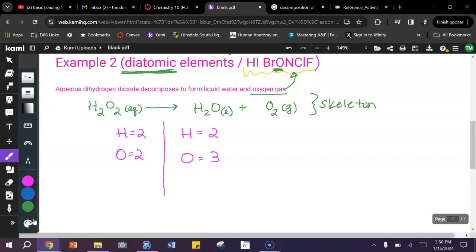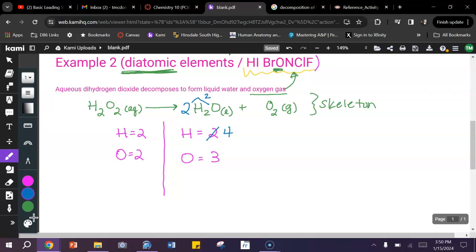So I'm going to start with the lowest even number and just see what it does to my equation. So I'm going to draw a 2 coefficient in front of my water molecule and see what it does. I might have to go back and change it. I don't know. Let's see what happens. So if I put a 2 coefficient in front of water, that changes the amount of hydrogen atoms I have to 4, and it's going to change the amount of oxygen atoms in my water to 2.